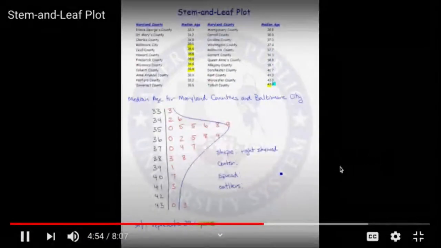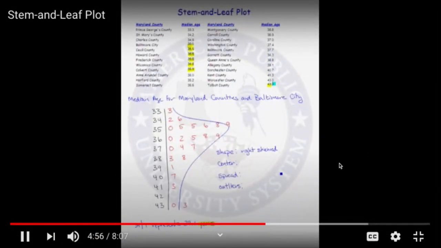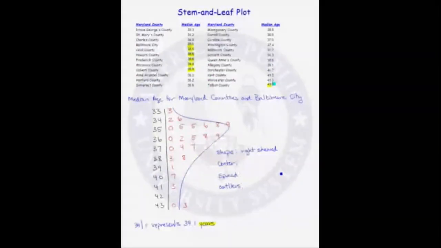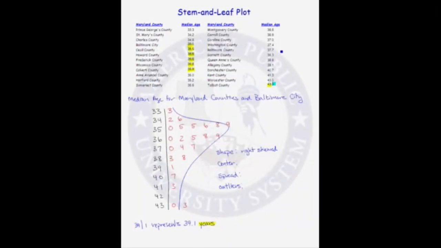In the video that describes how to do a dot plot as your graphical representation of data, you will see that we use the exact same data set and we constructed the dot plot. From the dot plot, it was much more difficult to see the shape of the data distribution as compared to the stem and leaf plot. Where is the center of the data distribution?